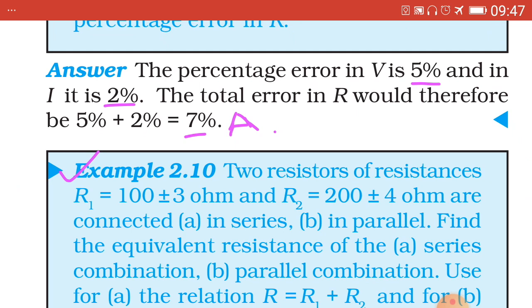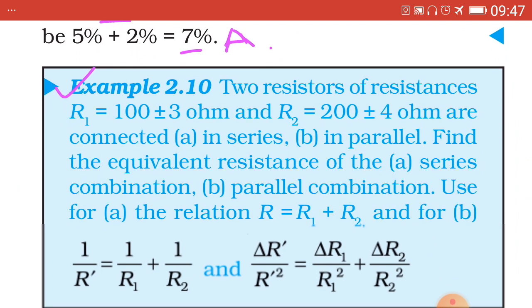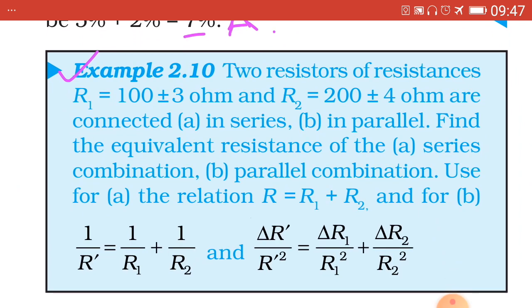Now next example, 2.10. Two resistors of resistances R1 equal to 100 plus minus 3 ohm and R2 equal to 200 plus minus 4 ohm are connected in series, that is in A part in series, then in B part in parallel.